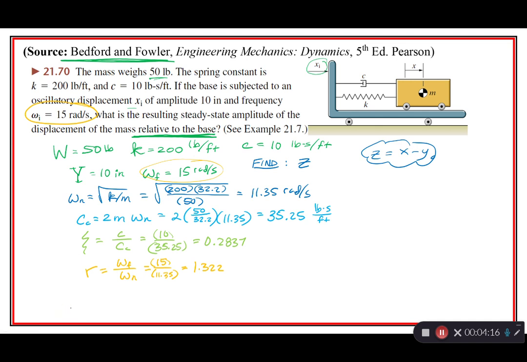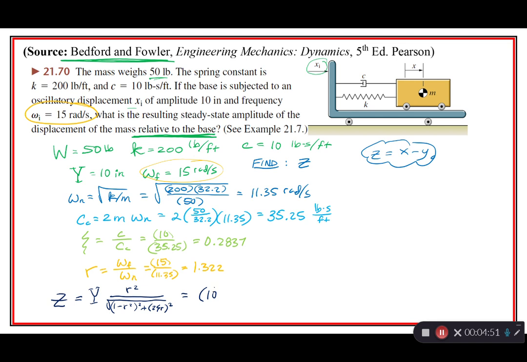All right, and now, because this is motion relative to a base, we will use the equation that goes z is equal to y times r squared over the square root of (1 minus r squared) plus (2 squiggle r) whole thing squared. So the y, we can just keep this in inches, right?